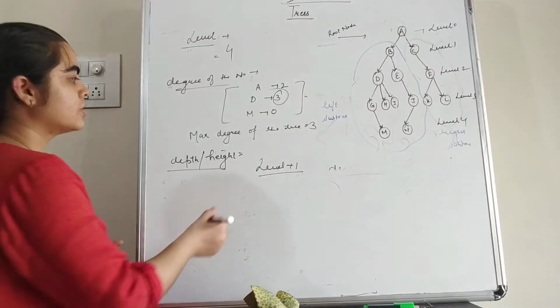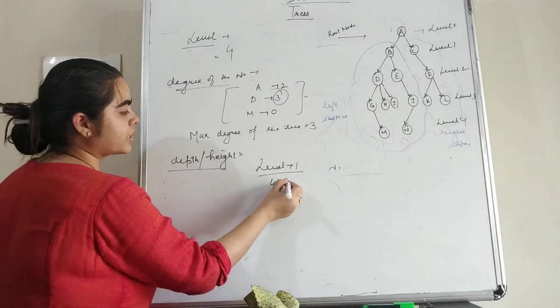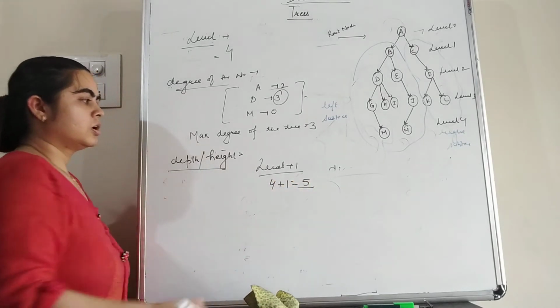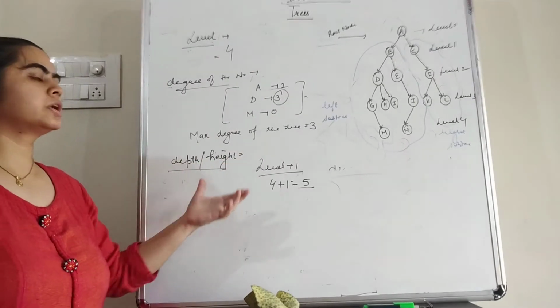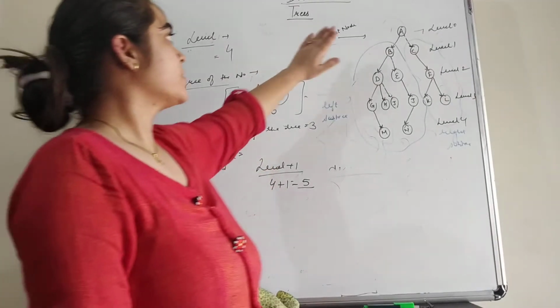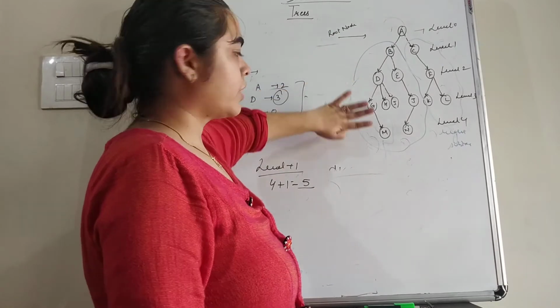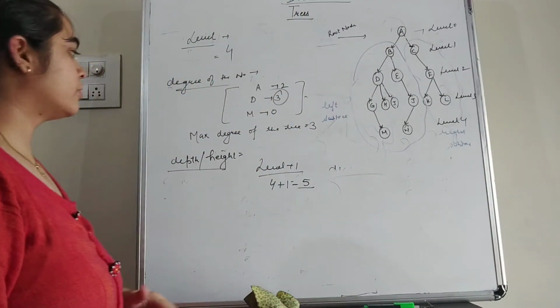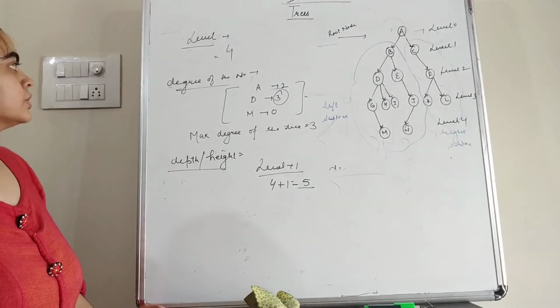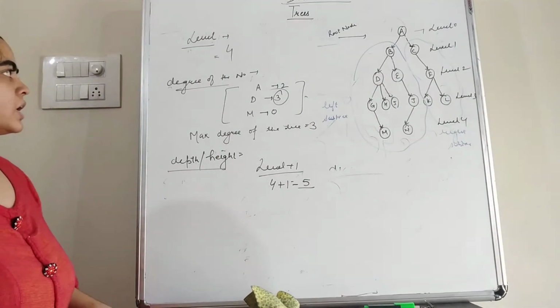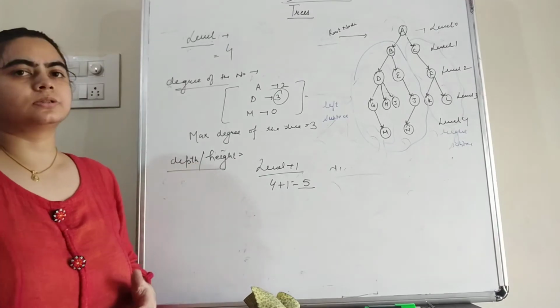For this tree the level is 4, so we add 1 and the result is 5. So for this tree the height or depth is 5, counting 1, 2, 3, 4 and 5. So these are the terminologies related to trees.